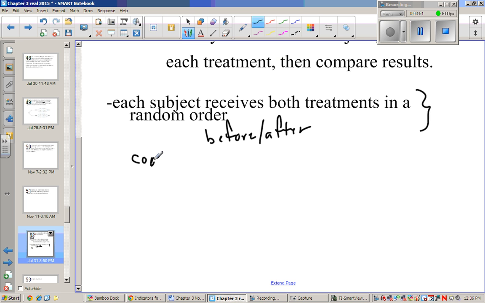If we're going to do coordination, we can do something with the dominant hand first, and then we do it with the non-dominant, and we'd want to randomize those orders, and then we'd want to see how we could compare the difference of one or the other. In this one, each subject is receiving both treatments, doing it with the dominant hand and the non-dominant hand, but we would randomize which order they're in, and then we can compare just that one.